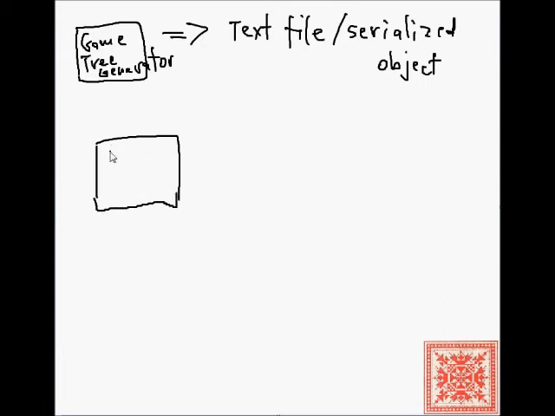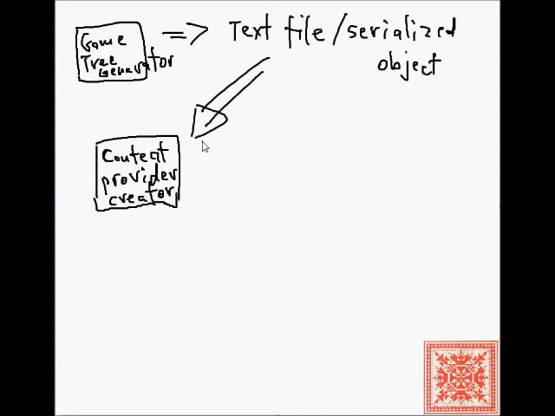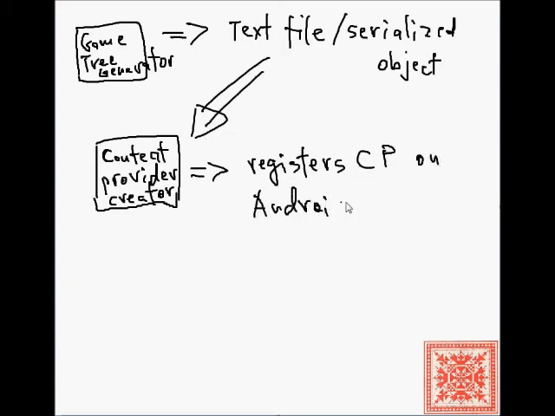All right. So once this is done, and this is done not on Android, it's done somewhere else, that text file is generated. Then we have a content provider. The content provider creator application runs only once, and its purpose is essentially to register a specific content provider on the Android ecosystem, and then to create an SQLite database from the text file for that game.